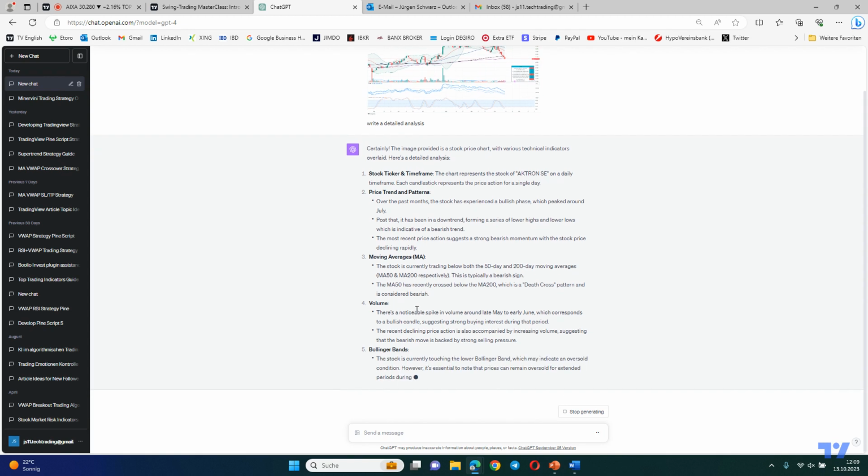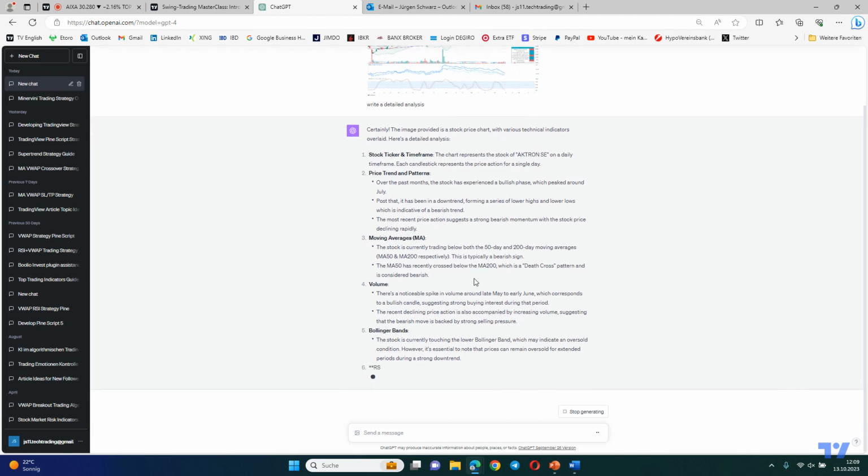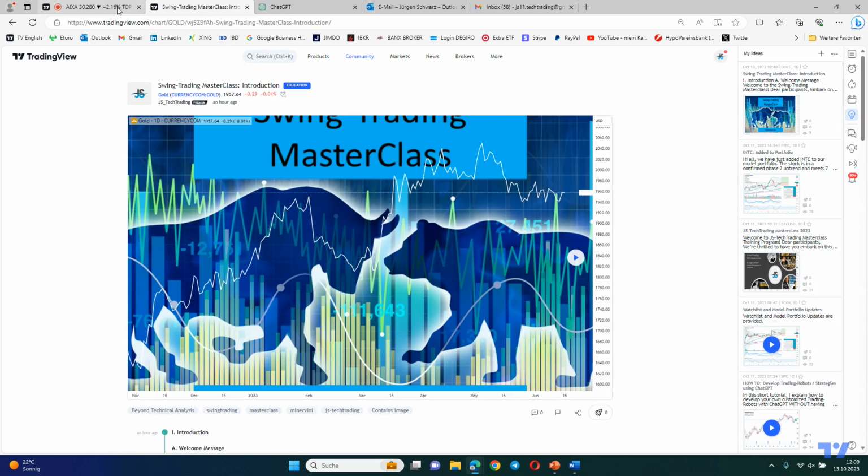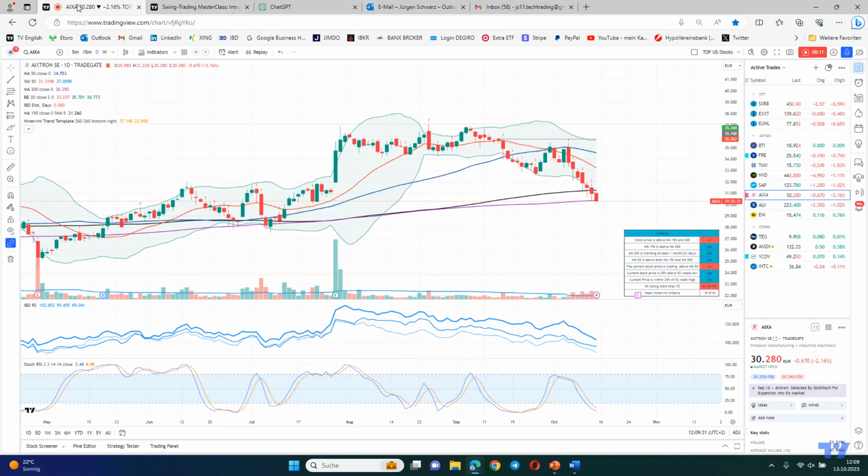And the volume: there's no noticeable spike in volume. It's been bullish, now it's referring to this one.